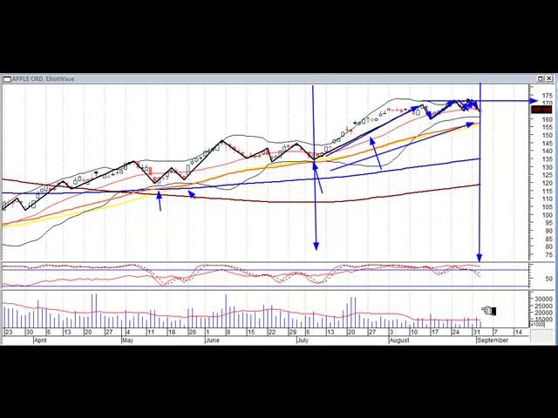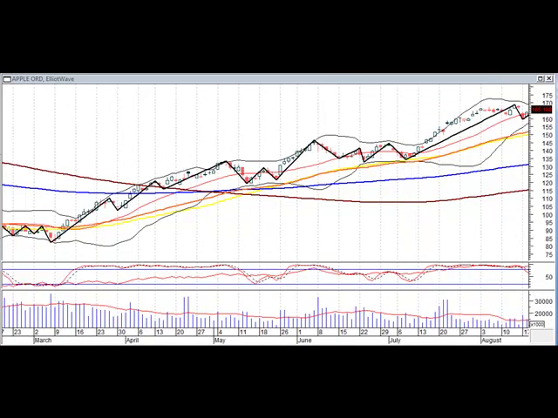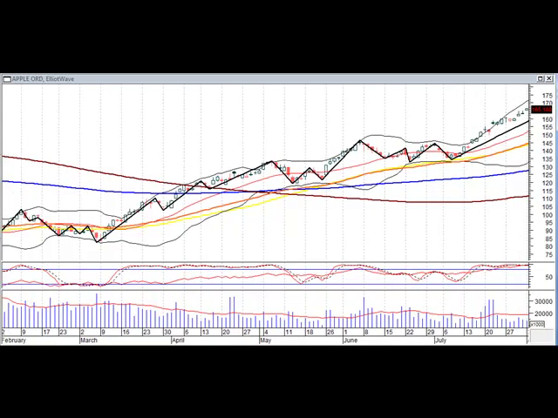Let me show you another period in Apple that will be a better trend than the one we were looking at. This is when we started in March. You have a very healthy trend here, a correction, a healthy trend move here, and then another correction, and then another move higher with higher momentum.